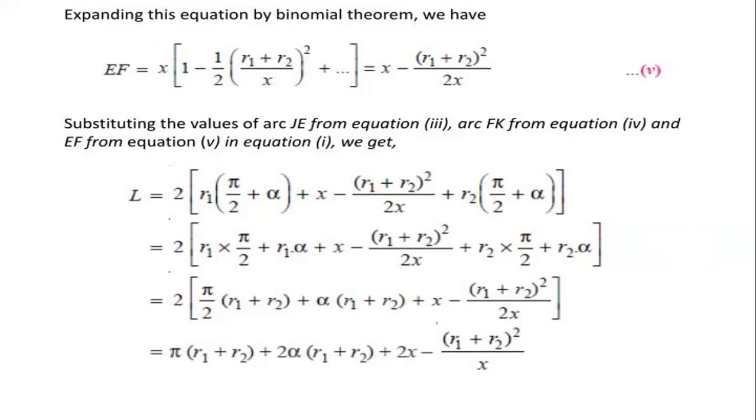Then substituting all the values and comparing, we get pi into R1 plus R2 plus 2 alpha into R1 plus R2 plus 2x minus R1 plus R2 whole squared by x. So this is the value.